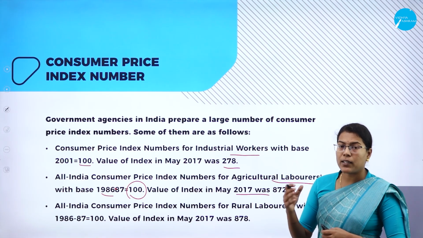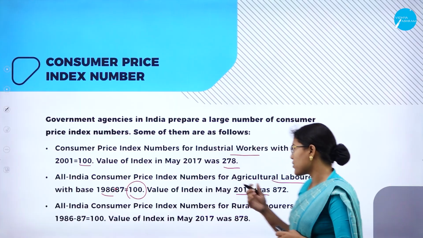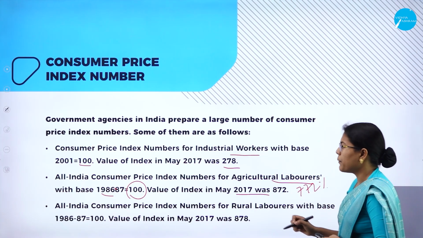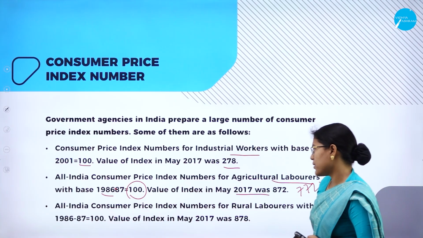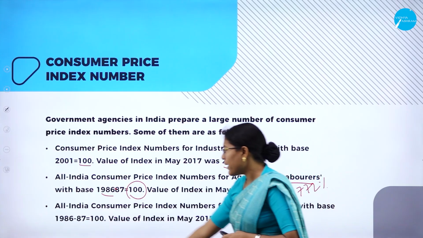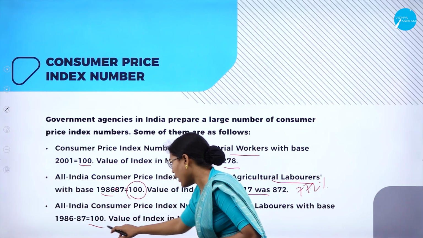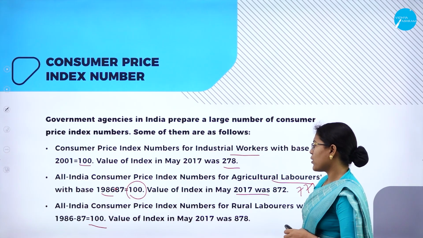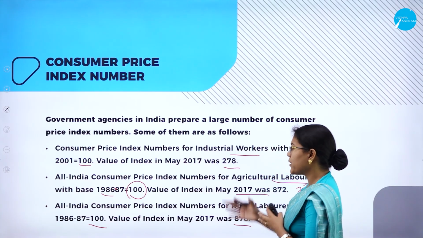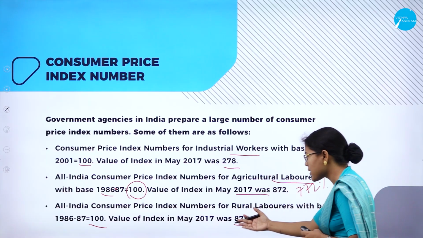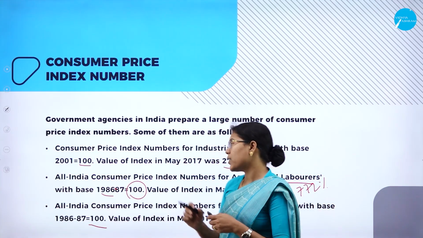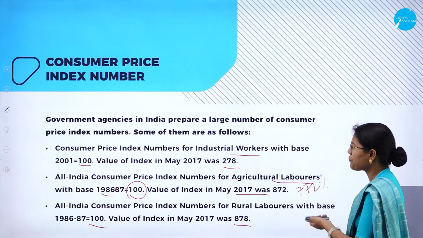That means the percentage increase that has happened is almost 772%. Then All India Consumer Price Index numbers for rural laborers with base year 1986 to 87 was 100, and the value of the index in 2017 was 878. So that means there is an increase by the year 1986 to 2017 by 778% in the All India Consumer Price Index.